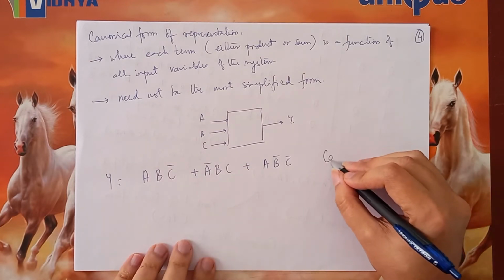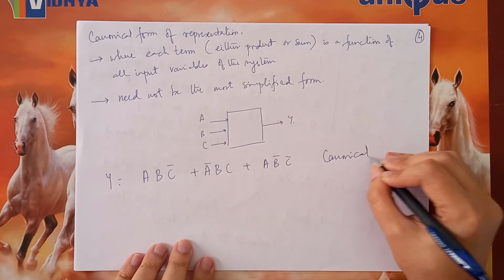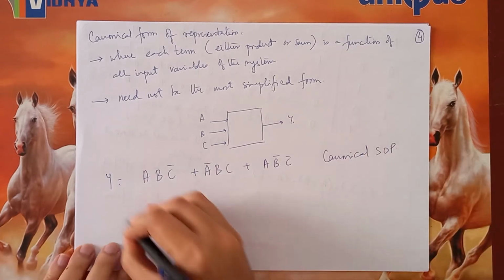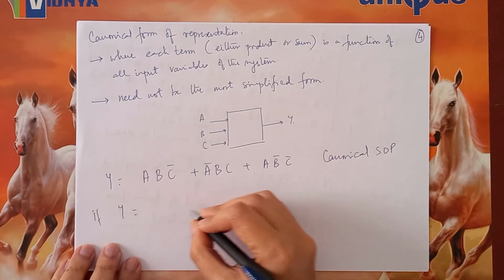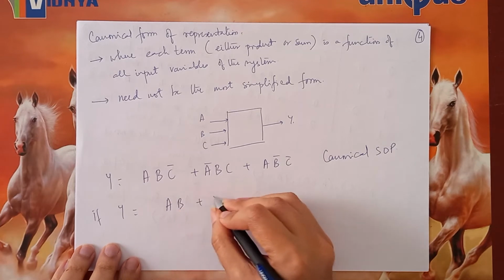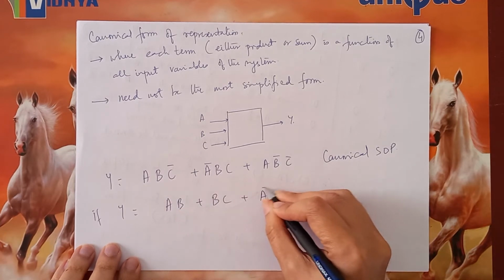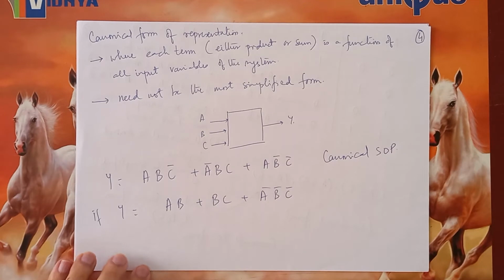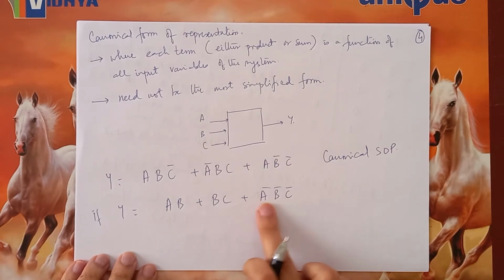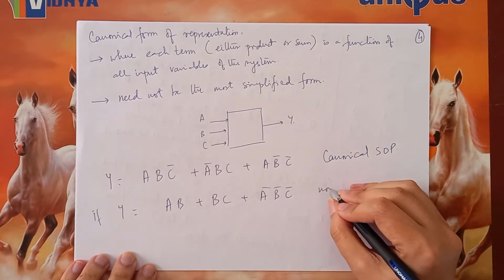So this is canonical SOP. But if Y equals, let us say, AB plus BC plus A bar B bar C bar, while the last term has all the input variables, these two terms are more simplified. So this is non-canonical SOP.